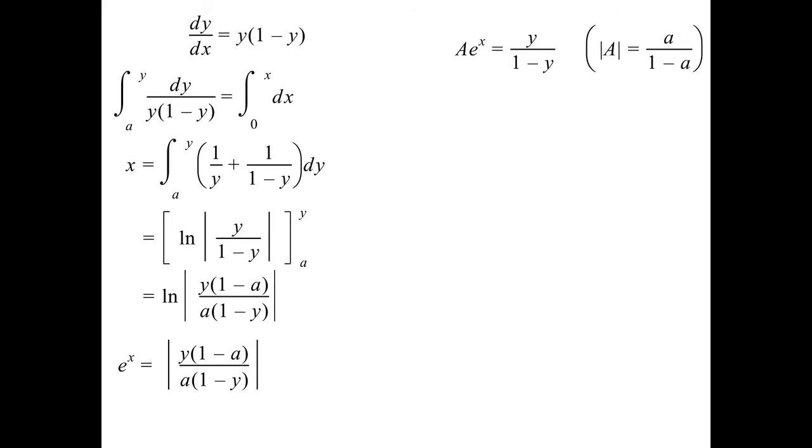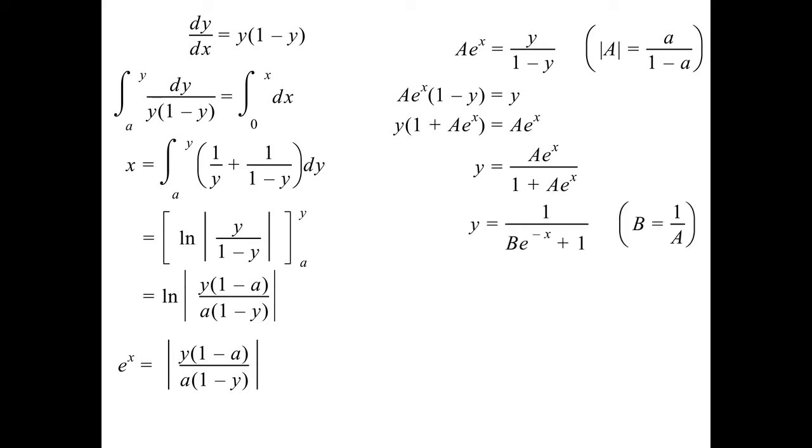y(1 minus a) over a(1 minus y). Just to make life a little bit easier, because look, (1 minus a) on a is a constant number. So remember, a is a constant. And then I'm going to multiply by that and get a e to the power of x is y on 1 minus y. That ends up with y equals a e to the x on 1 plus a e to the x. But I'm going to play around with that as well.